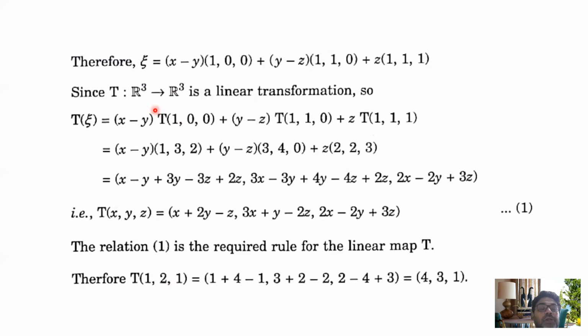So you may write zeta is equal to (x minus y)(1,0,0) plus (y minus z)(1,1,0) plus z(1,1,1). Clear? This is the basic difference compared to the last question. Now since T is a linear transformation, you may write T(zeta) is equal to (x minus y) T(1,0,0) plus (y minus z) T(1,1,0) plus z T(1,1,1), since T is a linear transformation.